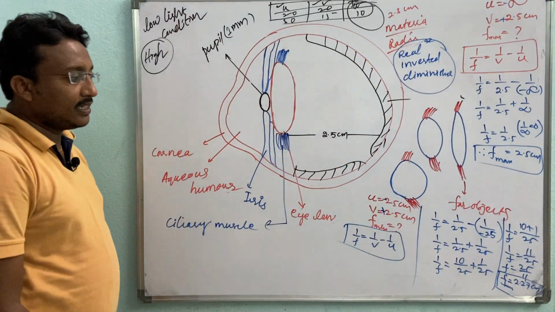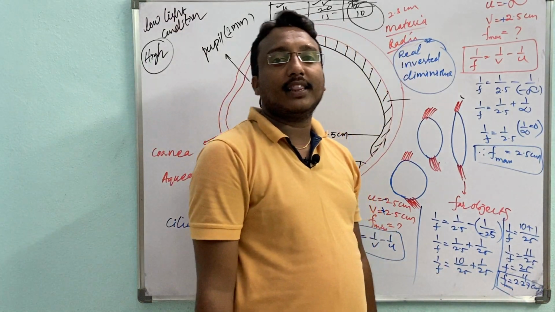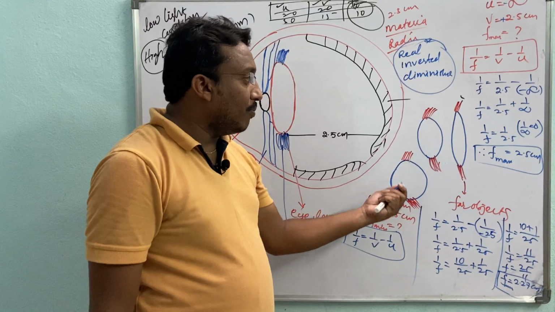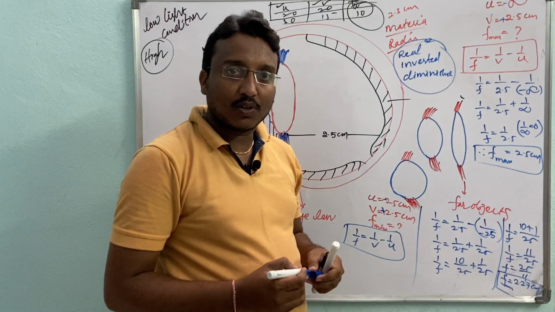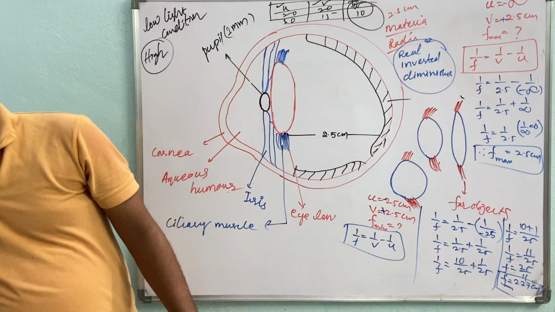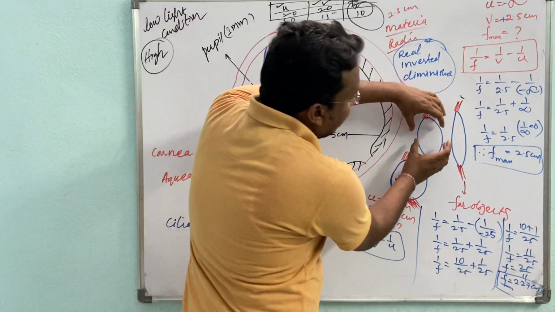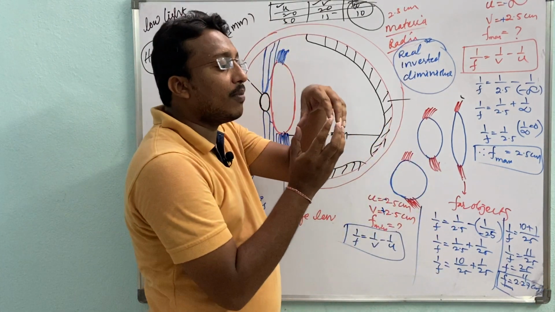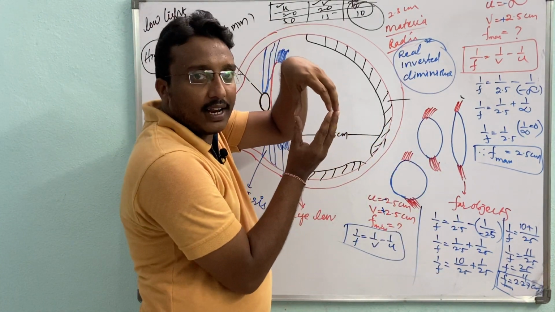Got it? This is the minimum focal length of the eye lens, when the object is closer. Simple. Once again I will repeat simply. This is the normal position of the eye lens.